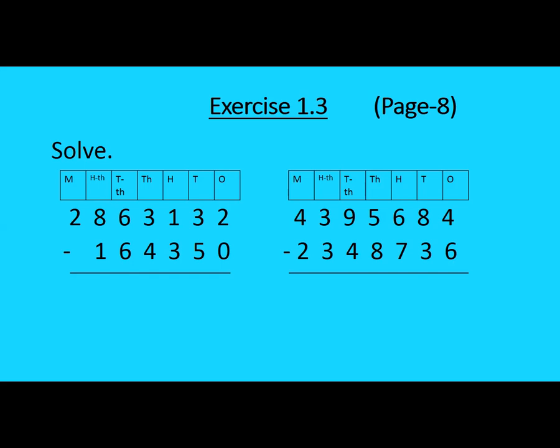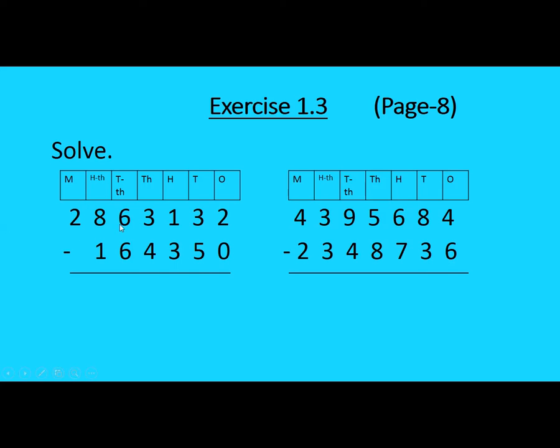Okay, in your book the subtraction exercise is exercise number 1.3, and I took these two sums from page number 8 from exercise 1.3. Solve these two sums. Look at this.